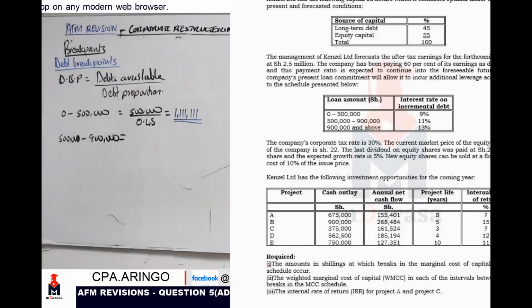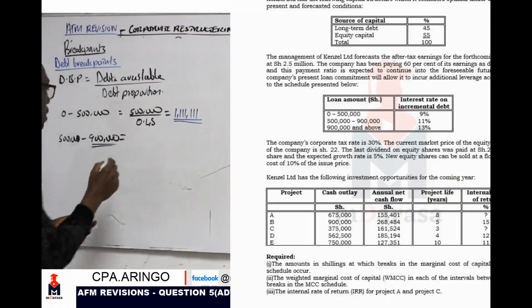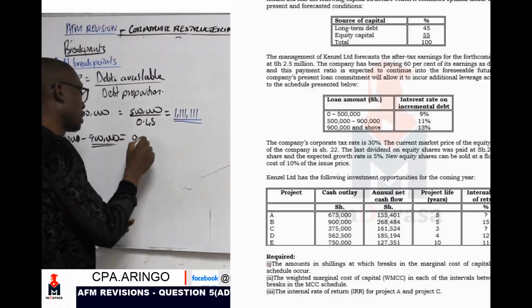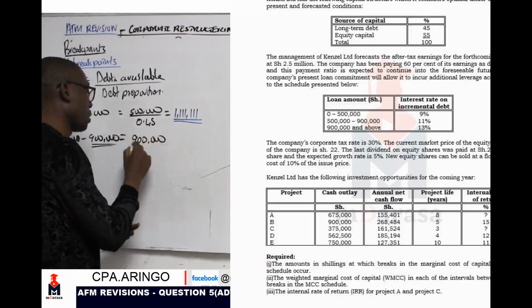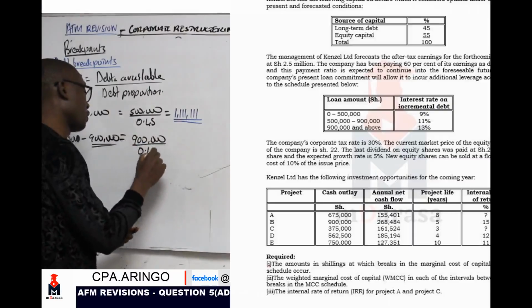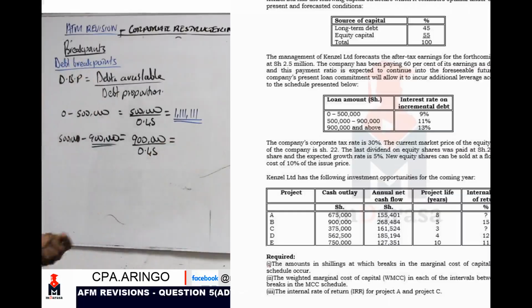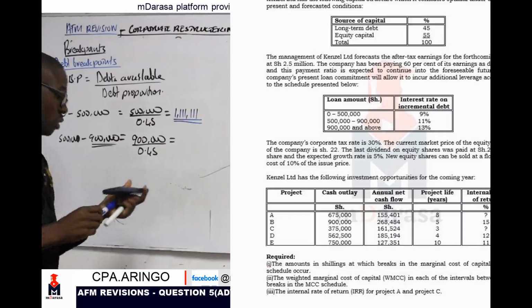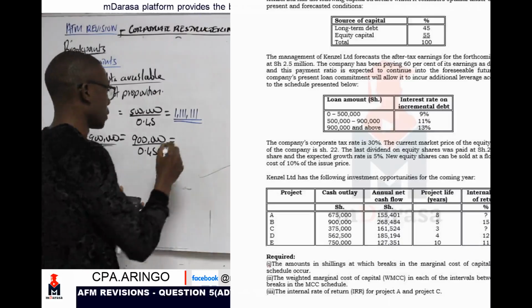Of course, in this case, you take cumulative. Cumulative is 900,000, right? That is the maximum that I'll be having. So that will just be simple. I'll take the 900,000 here, divide by 0.45 to give us what? That should be 900,000 divided by 0.45. So that should give us a maximum of 2 million, right?